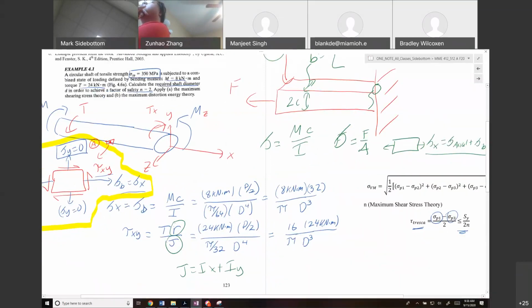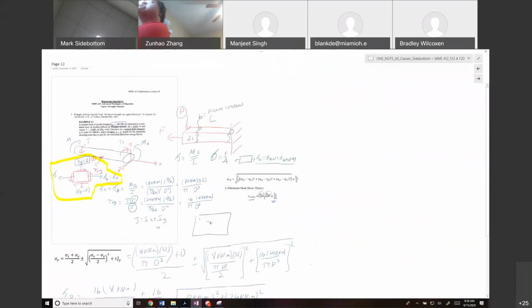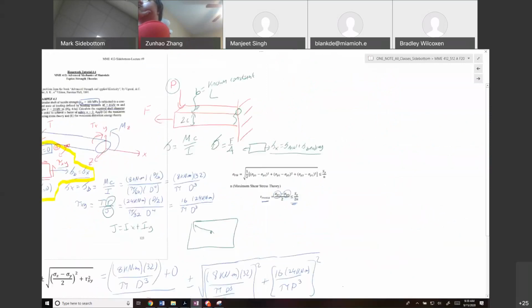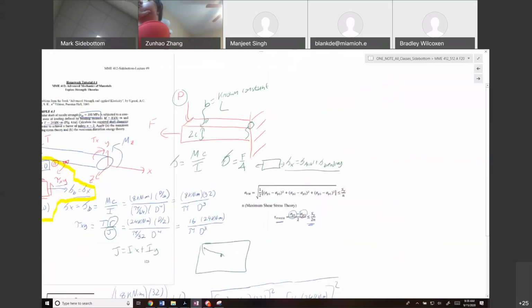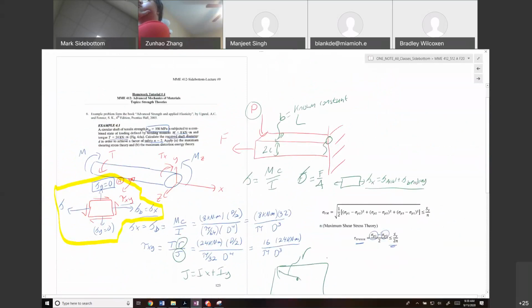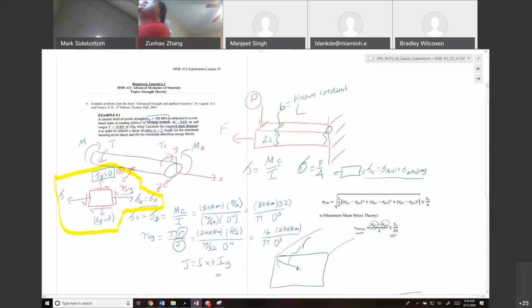So if you had a square, it would be like this distance here, V or R. That makes sense. This is your cross section. Okay, I understand. Yeah, so that's what you'd have to do.